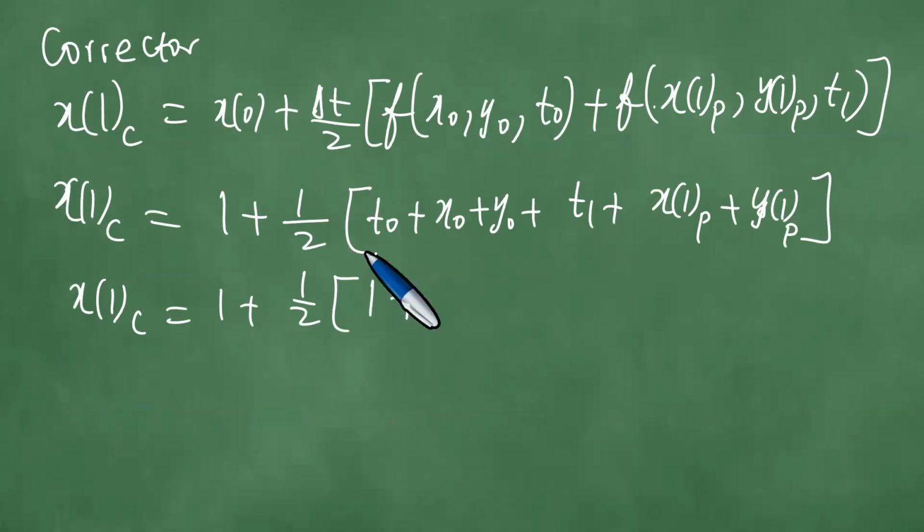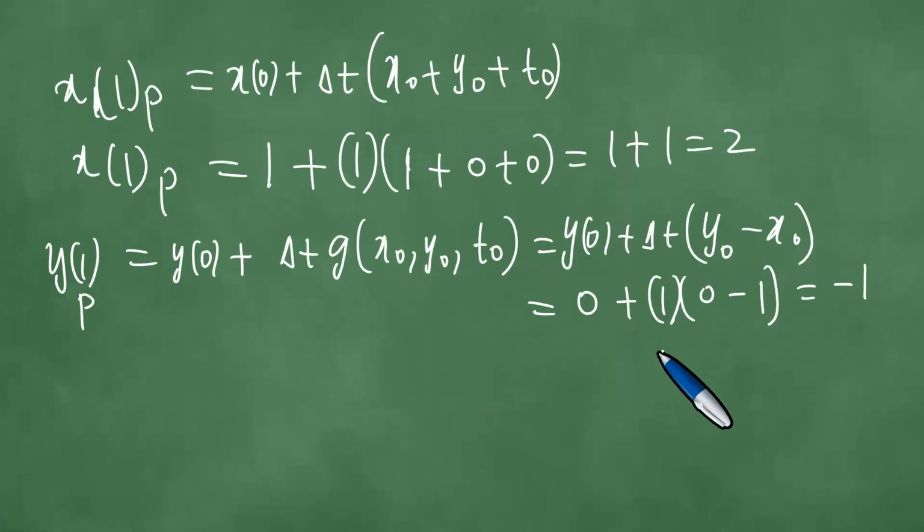And then we have seen that x0 itself is 1, y0 is 0. So what is t1? With t1, we just add 1 delta t to it, so it's 1. You add 1h to 0, like we were doing before, using the h notation. So what is x1 predictor? We got it. x1 predictor is 2.